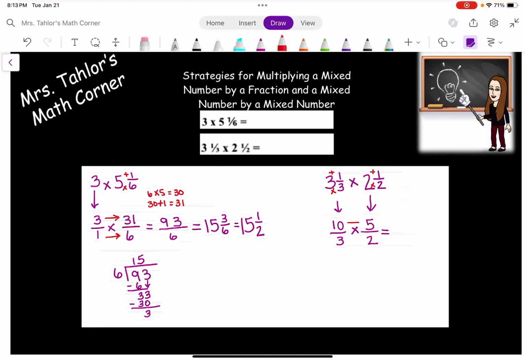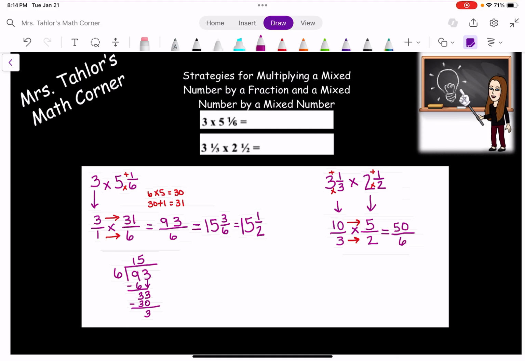I can multiply my numerators, and I know that 10 times 5 is 50. And then I can multiply my denominators, and I know that 3 times 2 is 6.